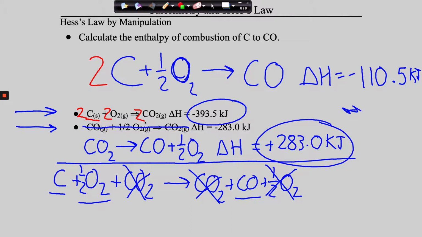But if you double everything, what else do you have to double? Delta H. So that would become just short of 800. So, guys, sometimes your manipulation will involve multiplication. And when that's the case, don't forget to also multiply your delta H values.